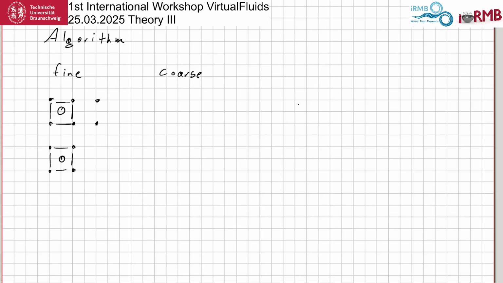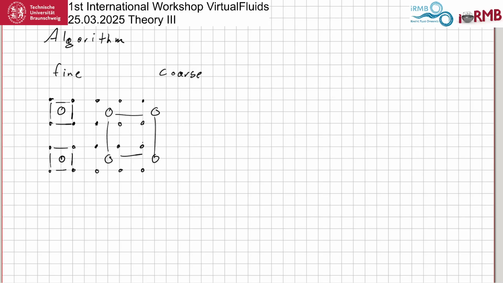So the fine grid has some overlap with a coarse node here. Then we put an interpolation cell here. So this is actually the last line of fine grid nodes, and this here is the last line of coarse grid nodes. Yeah, and we have this finite overlap here.